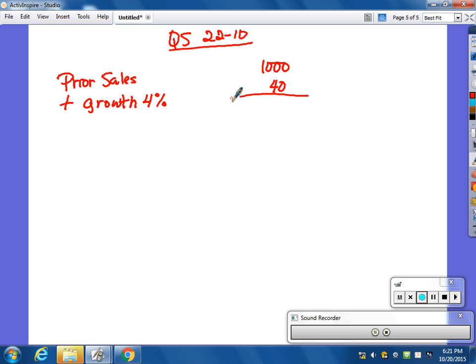Adding the two. So that is called the what? Projected June sales. Then what's next?